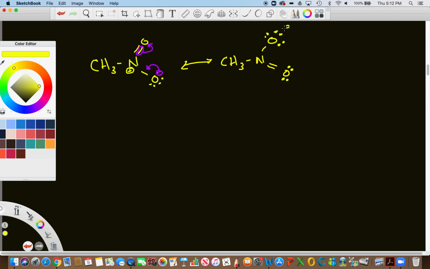And this is going to be a negative charge. This nitrogen we said is positive. Here again, it is able to oscillate back and forth.